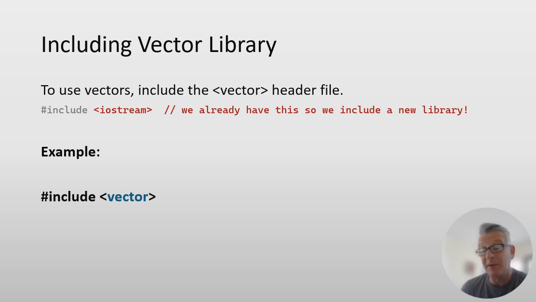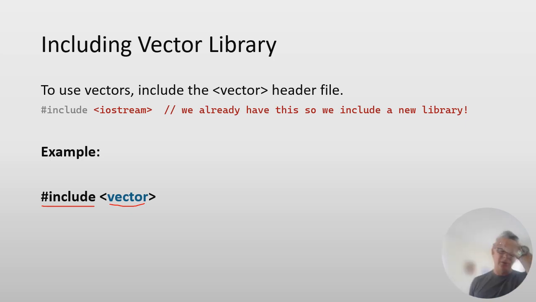So to use a vector, we have to bring in a new library. Now we already have the iostream. Remember, pound include. That's a compiler directive. It goes and finds the iostream library. Well, we're going to use the pound include. That's a keyword for us. And then we're going to take our carets, and in the carets we're going to say we want you to get the vector library.